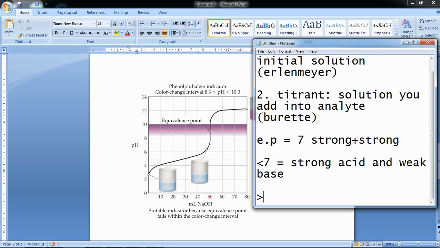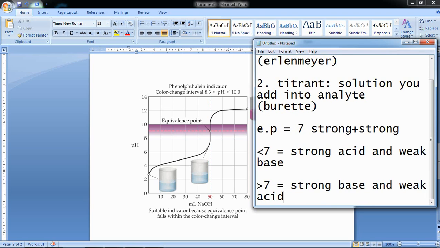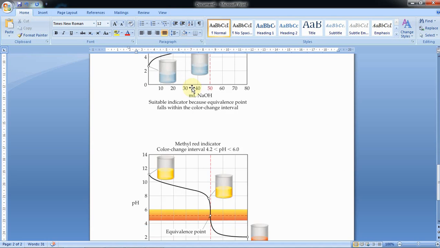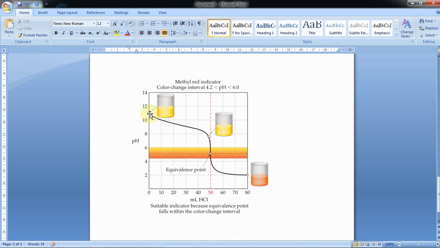If it's above 7, then it involves a strong base and a weak acid. As you can see in another example like this, the equivalence point was way below 7, so it must involve a strong acid, and the other side must be a weak base.